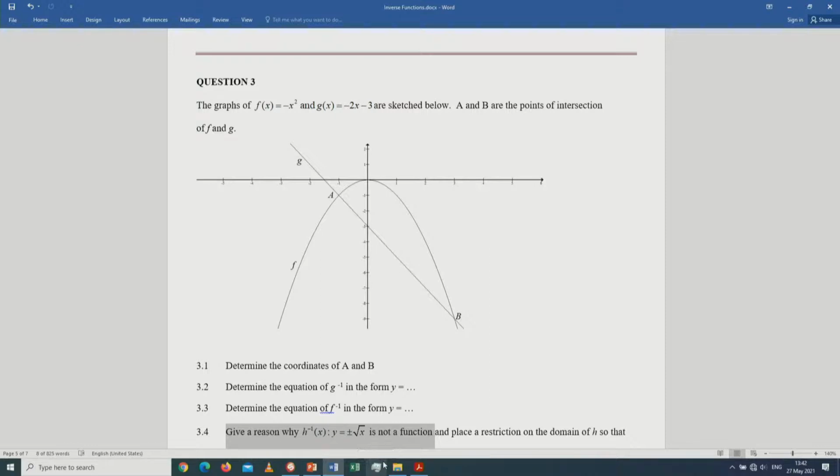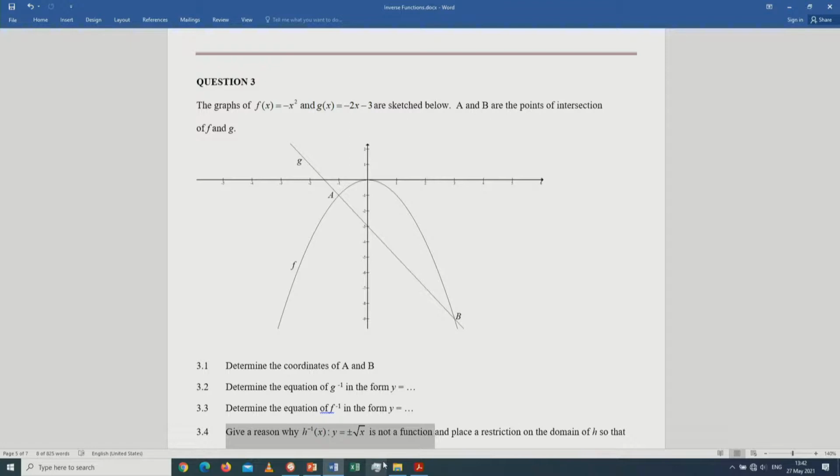It will not be a function because one x value will map with more than one y value. That is the reason.